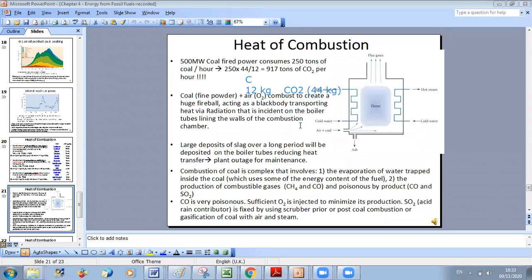Due to this high amount of CO2 production, we have large deposits of slag over a long period of operation, which requires continuous maintenance for the plant. Now, the combustion of coal is complex and involves first the evaporation of water trapped inside the coal, which will use some of the energy content of the fuel, because sometimes we have humidity in coal.